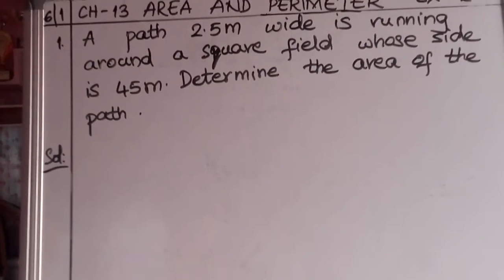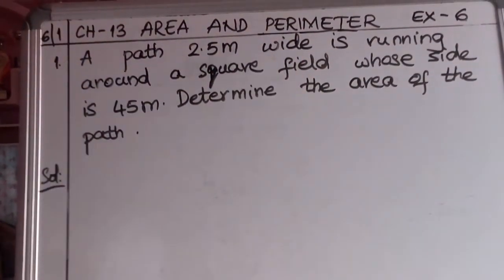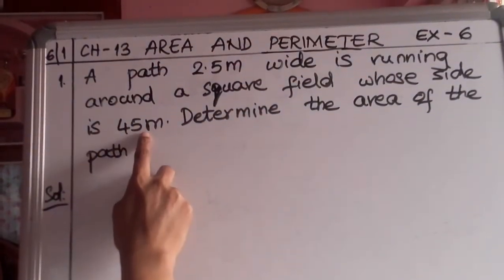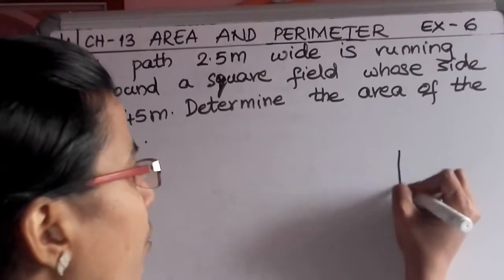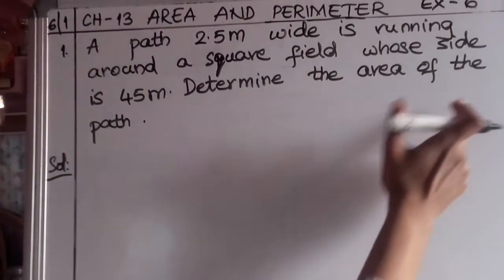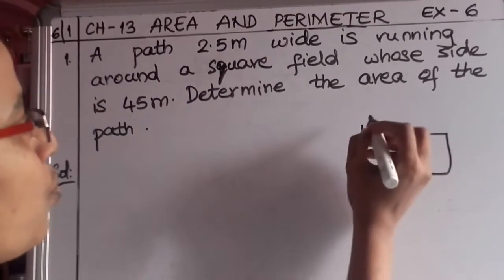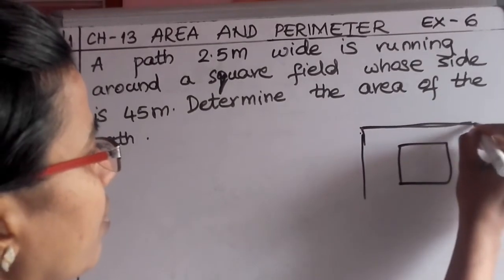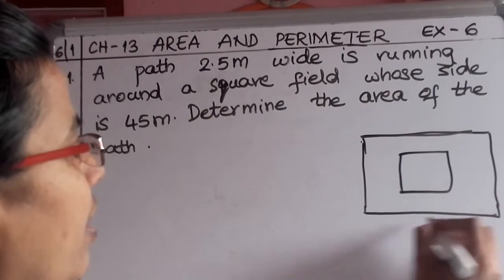Okay, exercise 6, first problem. A path 2.5 meters wide is running around a square field whose side is 45 meters. Determine the area of the path. So in the question they have given a square, and around this a path is running which is 2.5 meters around.